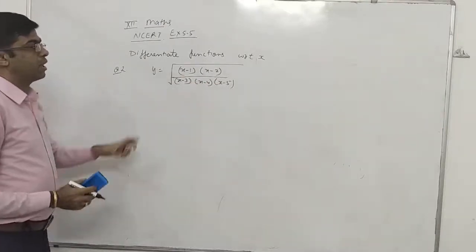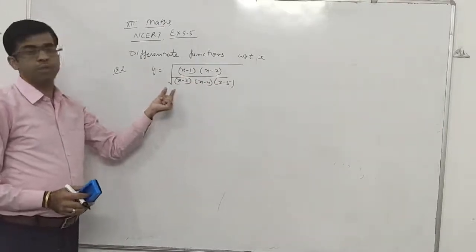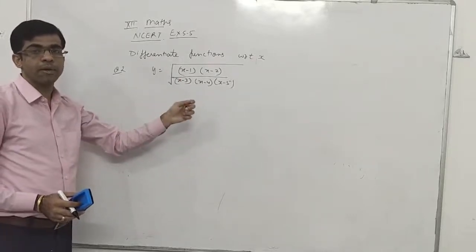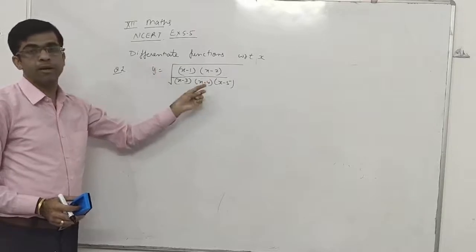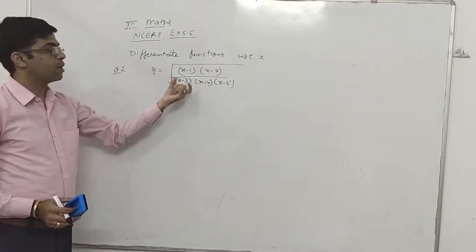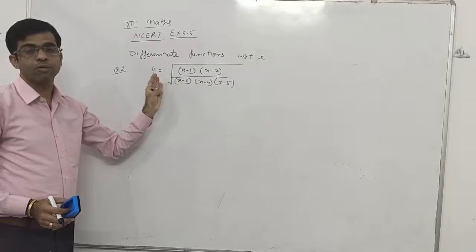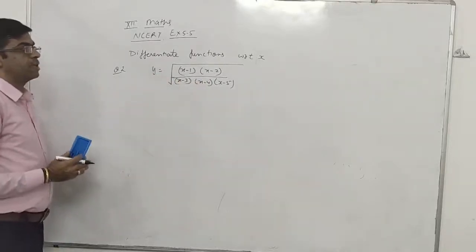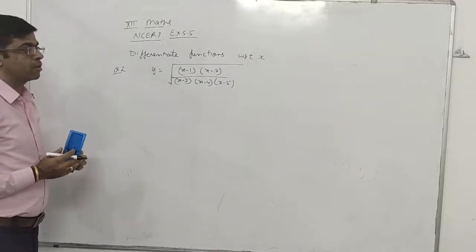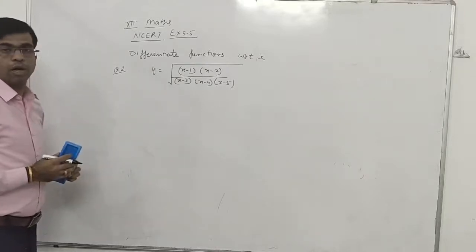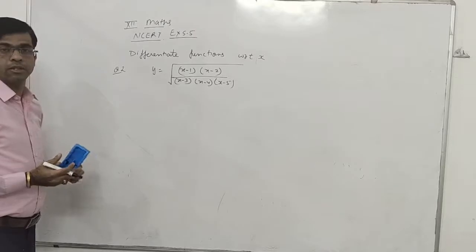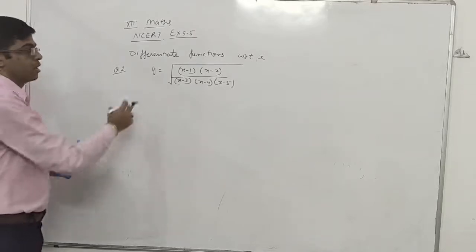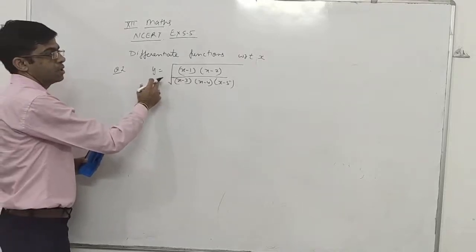I had told you that whenever a function raised to the power of something comes, or complicated functions come in products, more than two products, it's a good thing to use logarithmic functions. It makes functions easy for doing the differentiations. Differentiation करने के लिए ये function को easy बनाया जाता है.